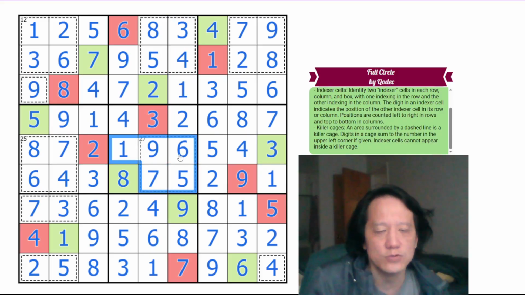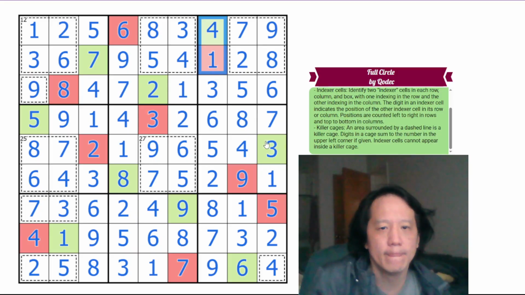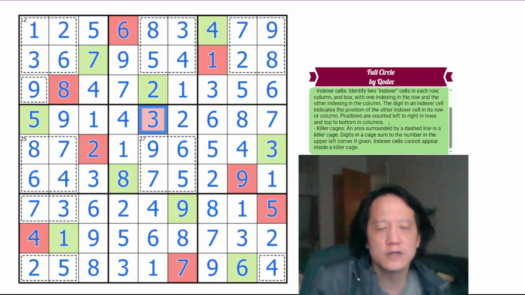Yeah, interesting rule set here. The indexers was very interesting as a rule set. And the restriction for the killer cages was interesting also.